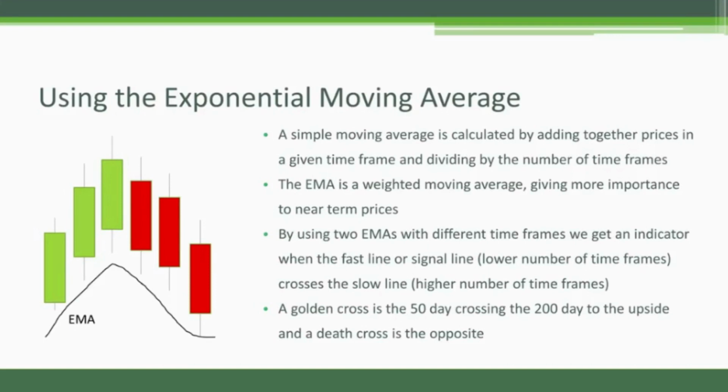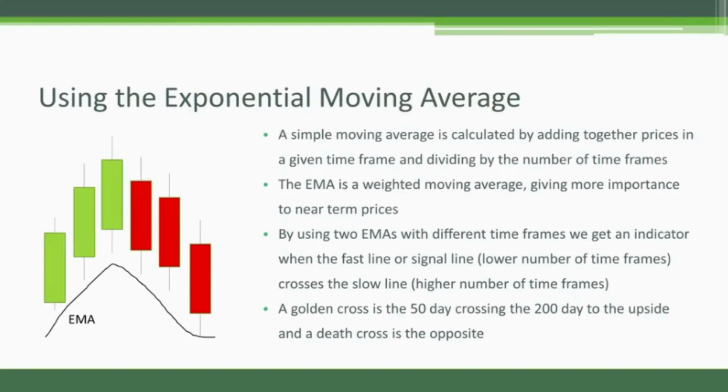You'll hear of two particular types of moves with an EMA. One is called the golden cross, and the other is called the death cross. The golden cross is when the 50-day exponential moving average crosses above the 200-day exponential moving average. And the death cross is the opposite.